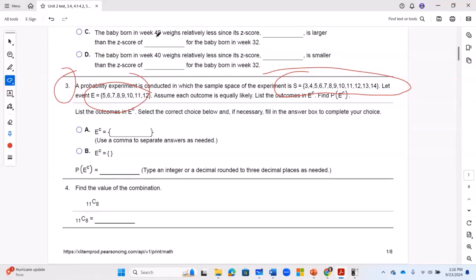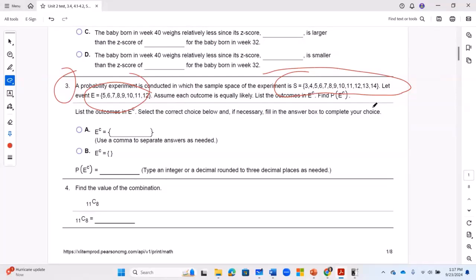How many do we have in the universal set? 1, 2, 3, 4, 5, 6. So there are 12 of them. So the probability of selecting a 3 is 1 out of 12. Probability of selecting a 4 is 1 out of 12. Selecting any of them is equally likely.